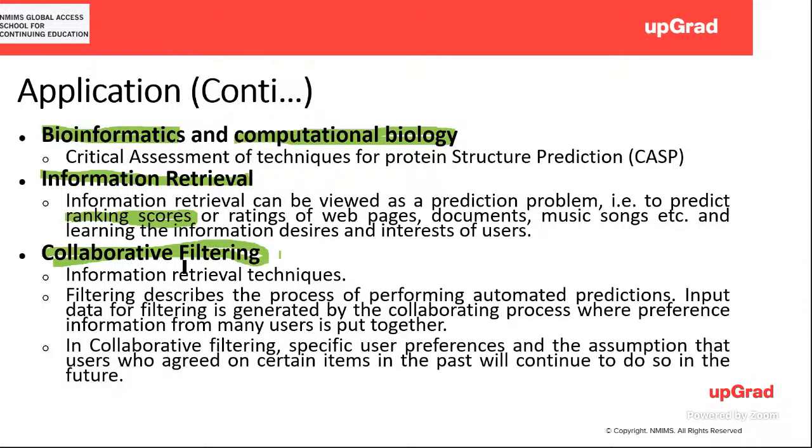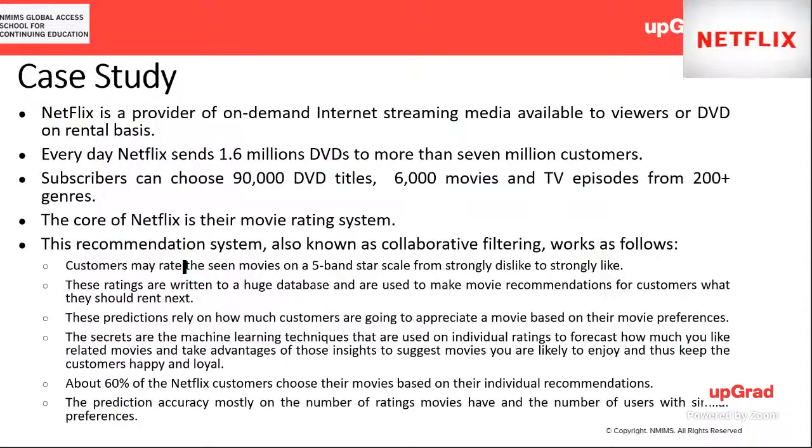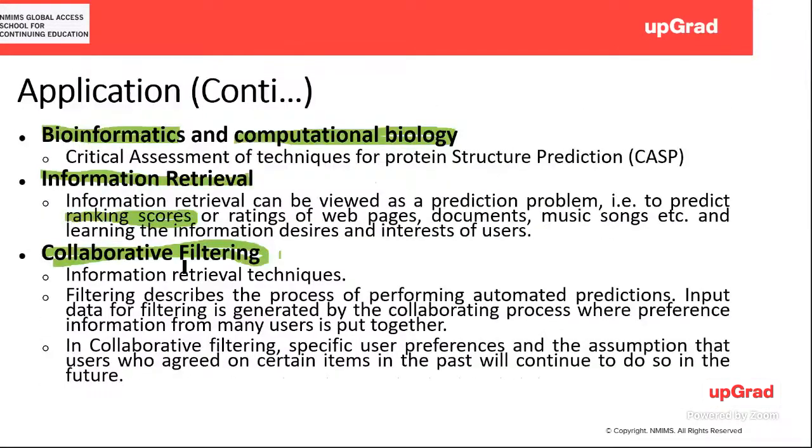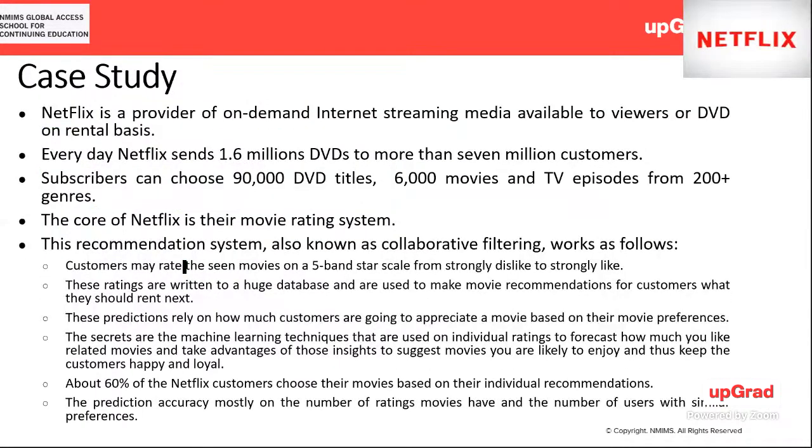So this is how collaborative filtering exactly works, right? That is the case study we are going to discuss for Netflix. So Netflix is using collaborative filtering, right? Netflix started with the DVD business and all these things.